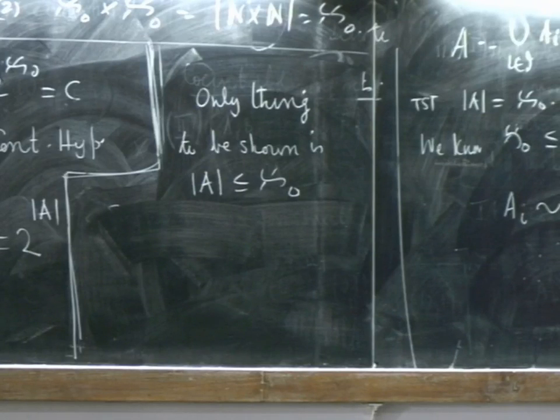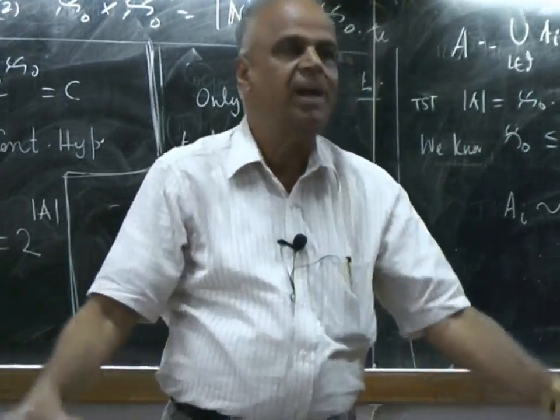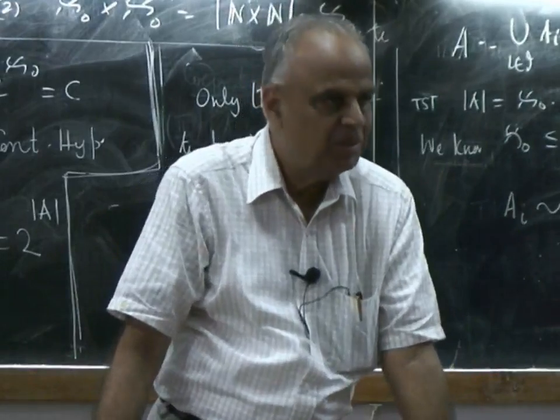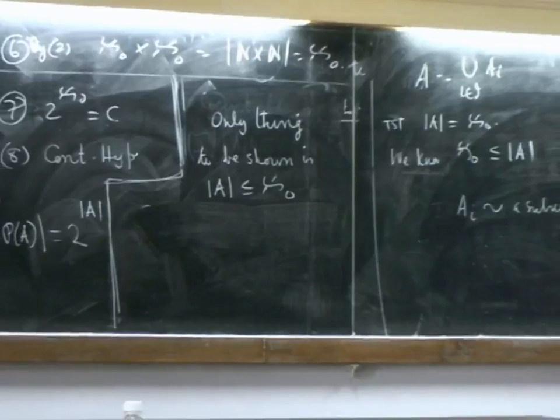So what will happen if I put a finite set and a countably infinite set and take the union? If I take a finite set and a countably infinite set and take their union, that will still be countably infinite. So when I mix these finite or countably infinite sets, I am not going to go beyond the realm of these things.